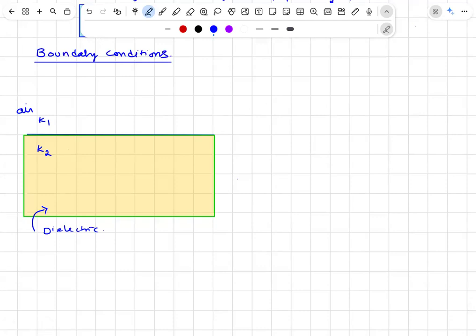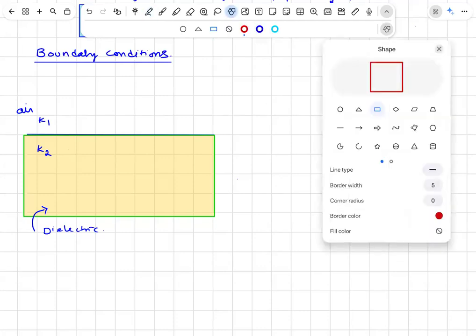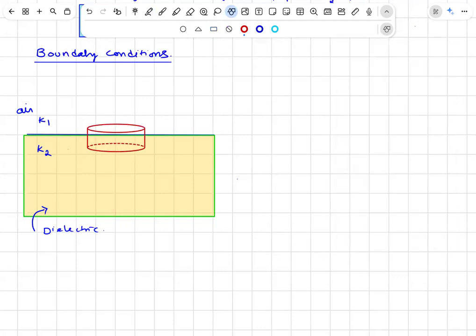Now you take, like your Gaussian sphere, what we will call a pill-shaped Gaussian surface.